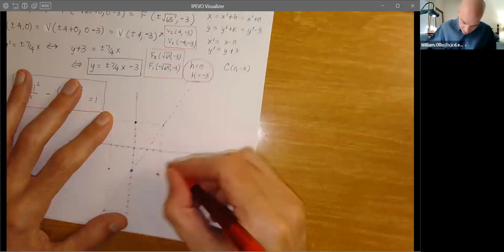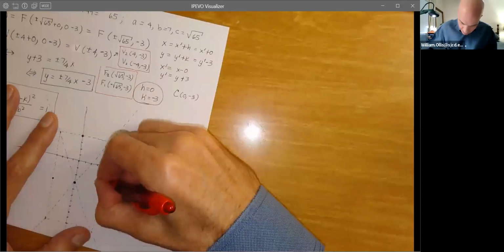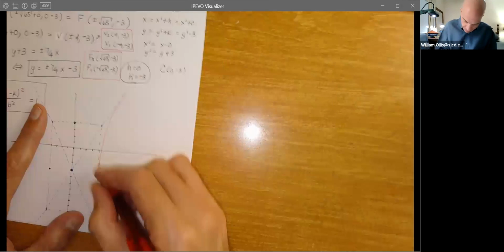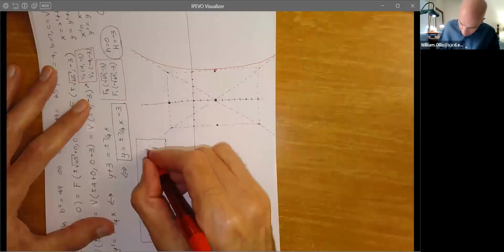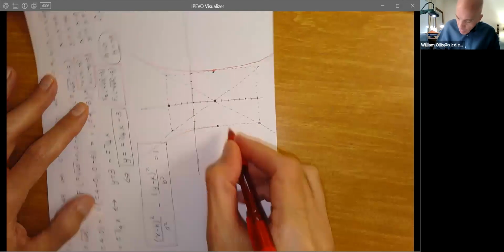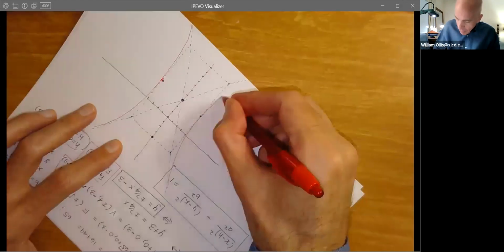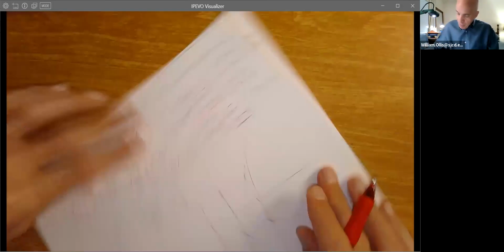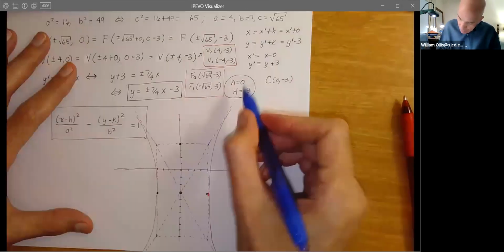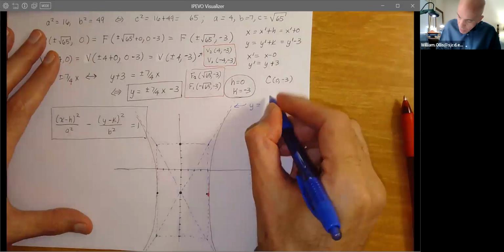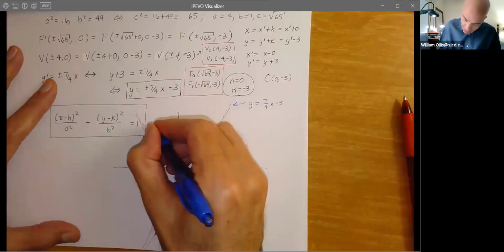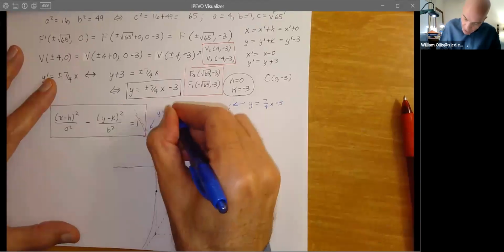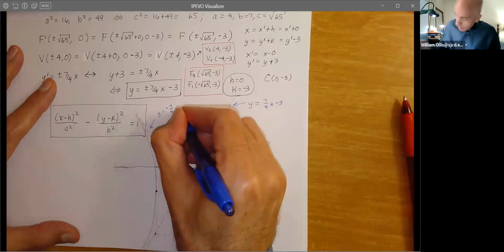So when you draw it, this is kind of the icing on the cake part. And then of course we've got here y equals 7/4 x minus 3. And here we have y equals -7/4 x minus 3.